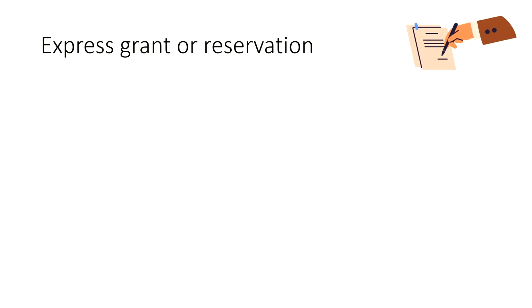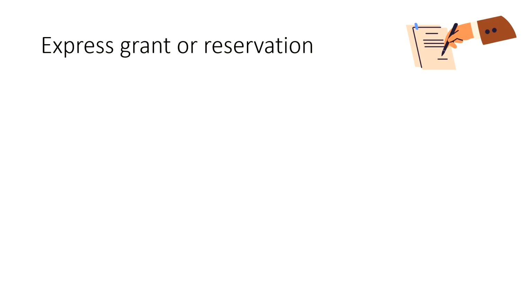So express, that obviously means that the landowner needs to be quite deliberate and clear in order to create the easement, and this is something they do by a certain act which has to be intentional.